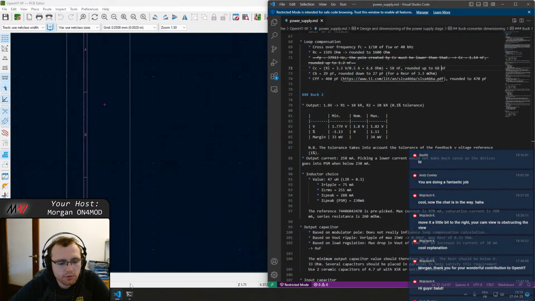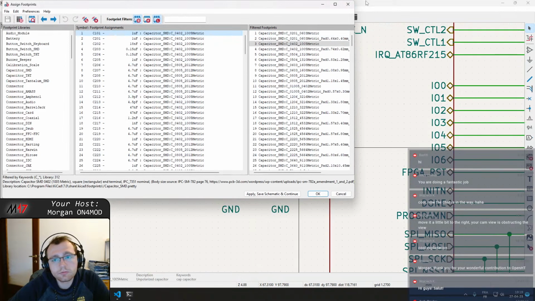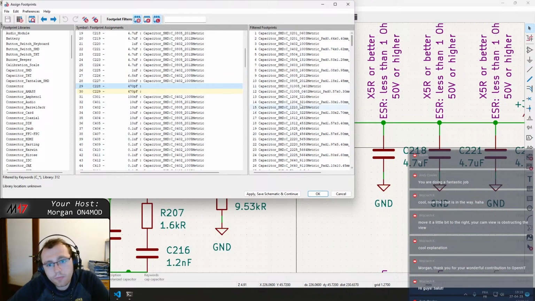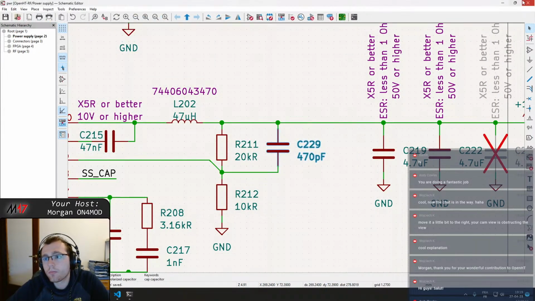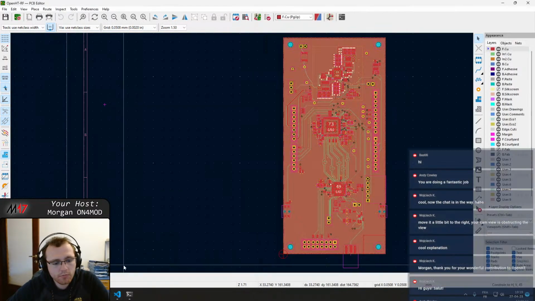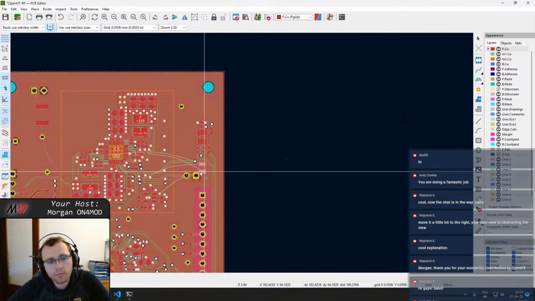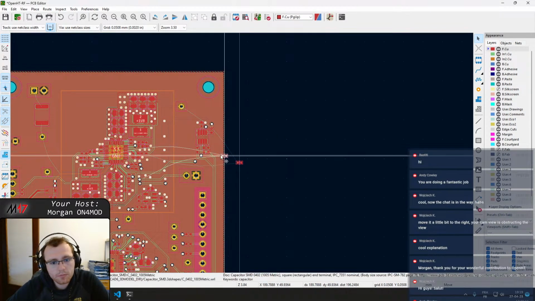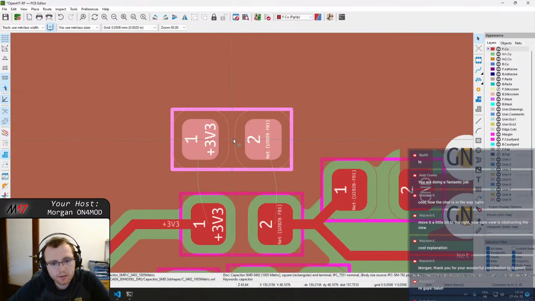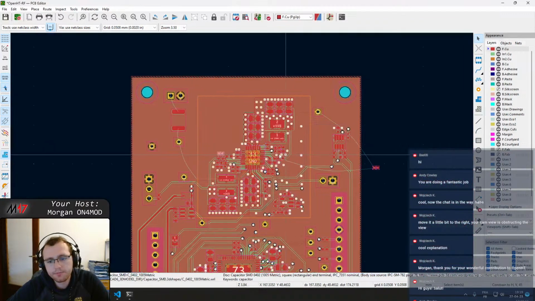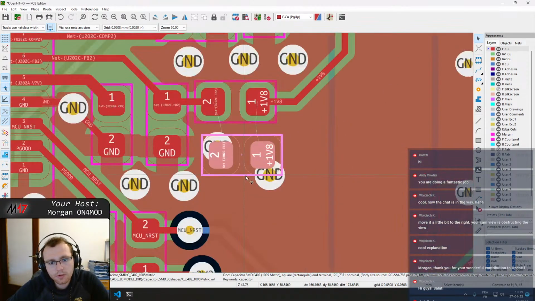Ah, yeah, no footprint, of course. So it can go right there, and this one can go right here.